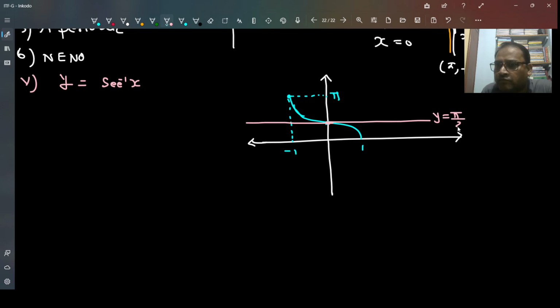So when you want to draw the sec inverse curve from the cos inverse x, what we have to do is just take the reflection. The reflection of the lower part will be this right area, using the yellow color, this one.